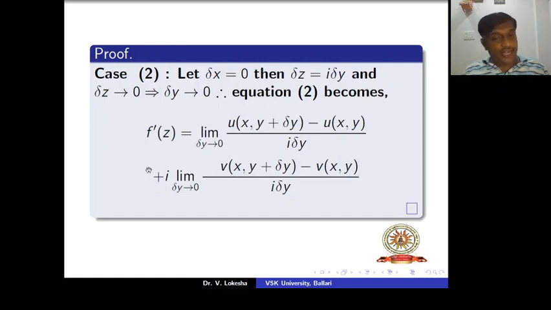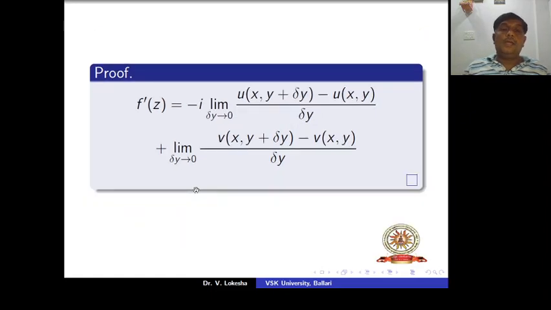That's why first we will take 1 by i as a common factor. 1 by i means the conjugate can be multiplied. The conjugate of i is minus i, and i times minus i is minus i squared, which is plus 1, so the numerator becomes minus i. Then the i cancels. This is the definition of the partial derivative of u with respect to y, and here the partial derivative of v with respect to y.